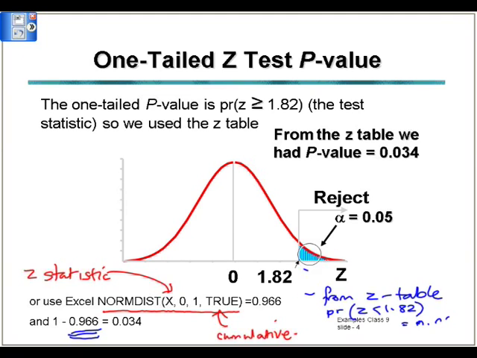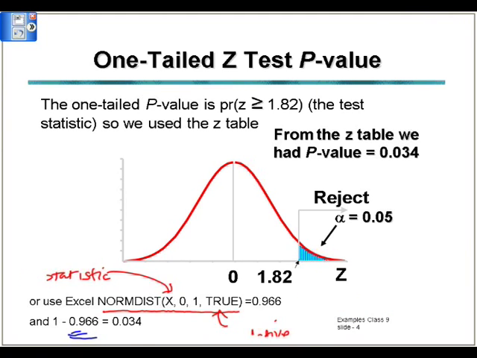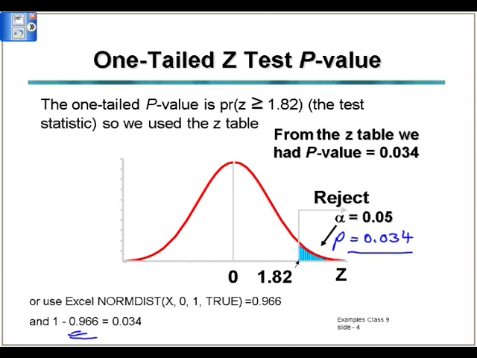And this means that if our alpha value is 0.05, and it's a one-tail p-value, the p-value is 0.034, which means that alpha is bigger than p. So p is less than alpha, so we would reject the null hypothesis. Remember, p is low compared with alpha, null must go.